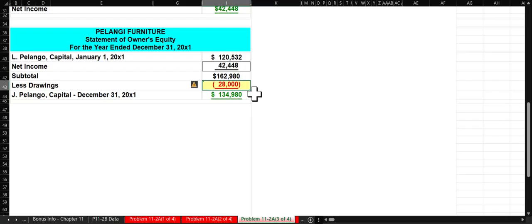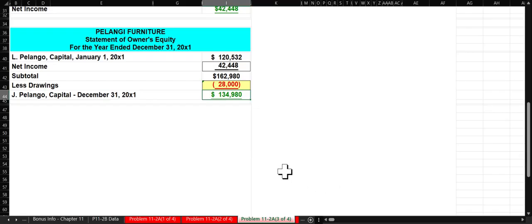You see the drawings, subtract that, and this is your ending balance of the owner's equity for the year ended December 31, 20X1. This is important because this is the number that will now appear in the balance sheet. So do not use this number, because you're saying based on your calculation that this is what the owner's equity is at the end of December 20X1.